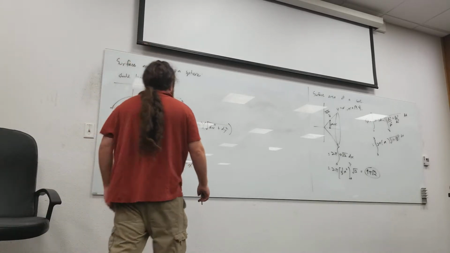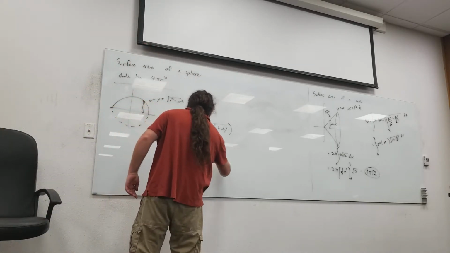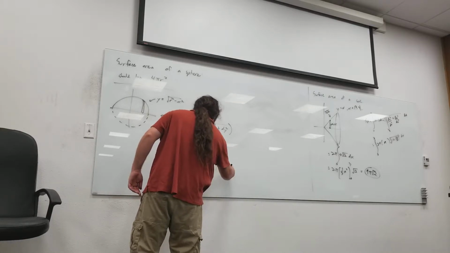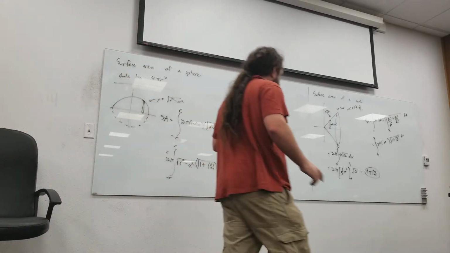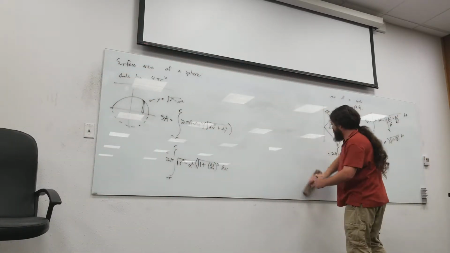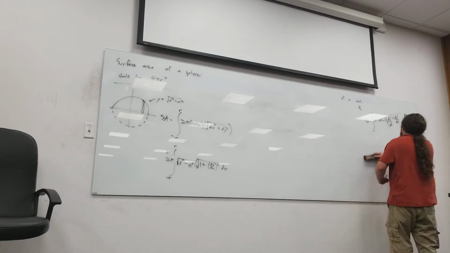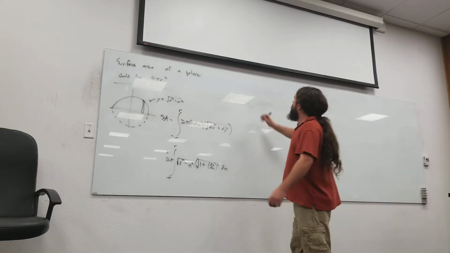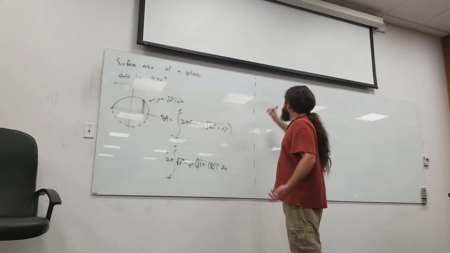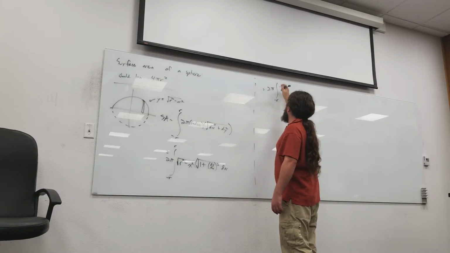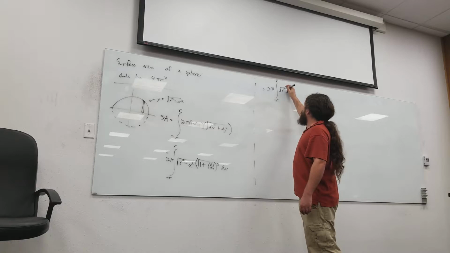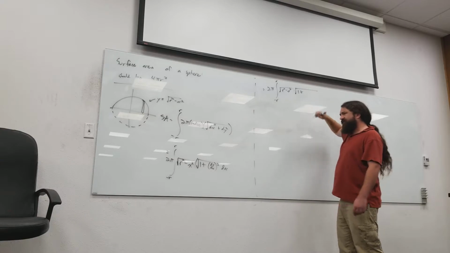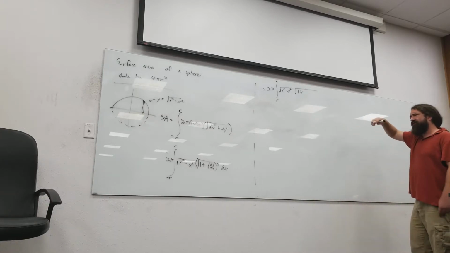Okay. This is going to turn into square root of 1 plus dy dx squared dx, like it usually does. All right. So I got 2 pi times the integral from negative r to r, root r squared minus x squared, and this will be 1 plus, I think we did this calculation last time for circumference of a circle.